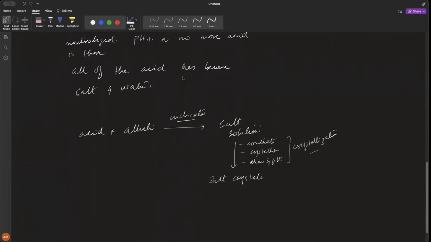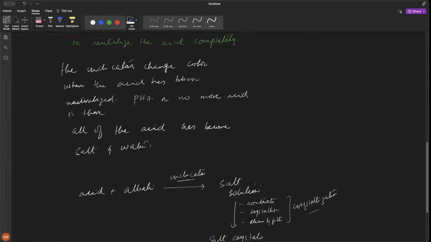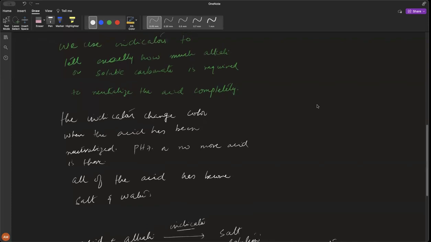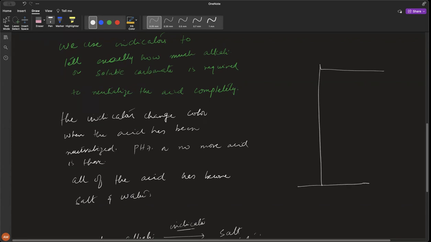Basically, what takes place is we have this setup. We use a stand. This is a stand. On this stand, a white tile is placed.